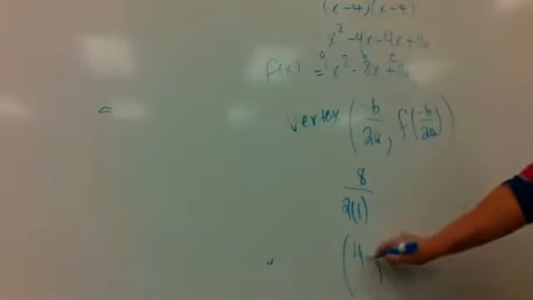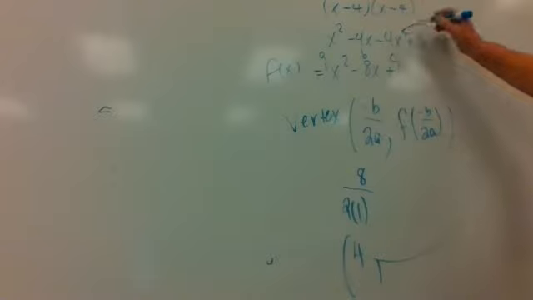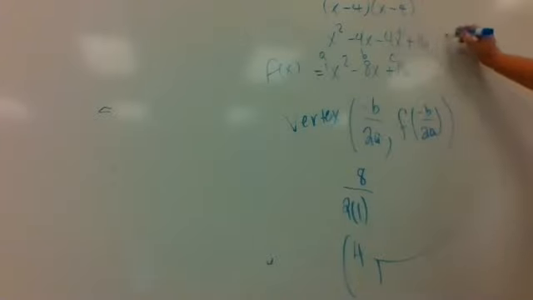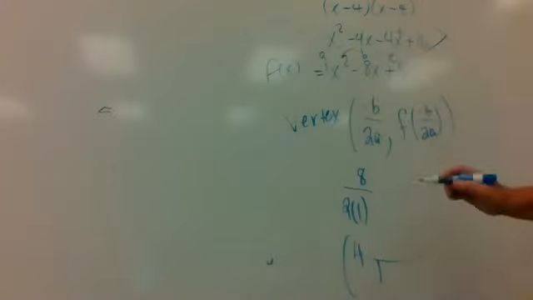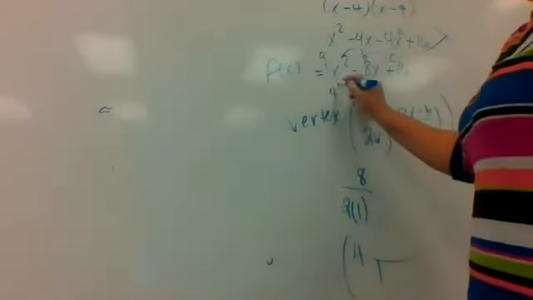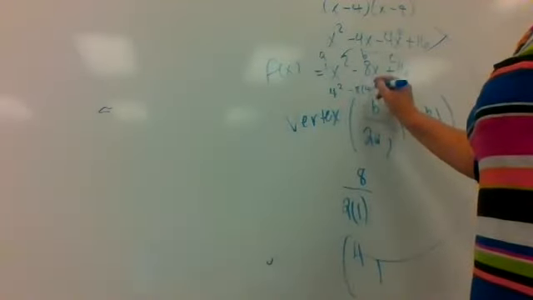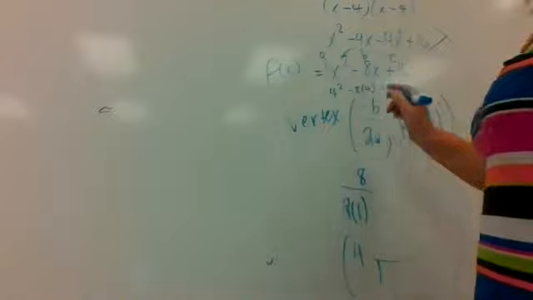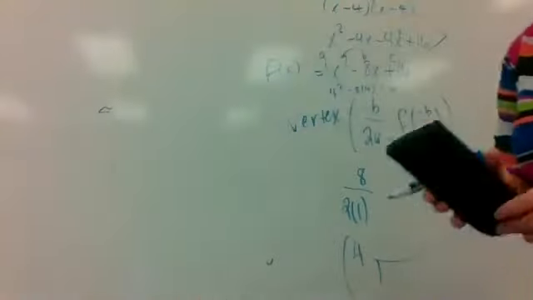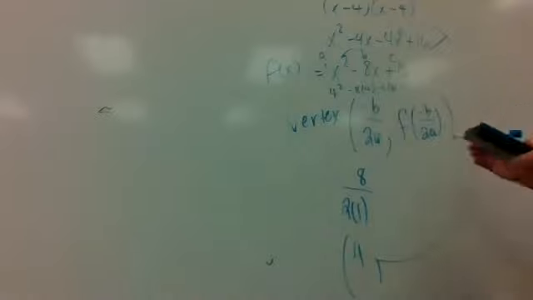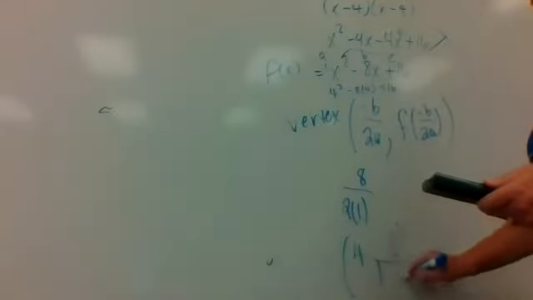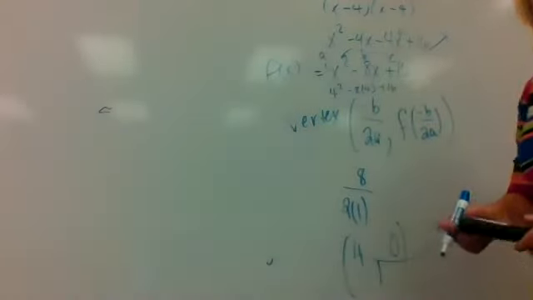Then you're going to plug that 4 into each x, so you would have 4 squared minus 8 times 4 plus 16. I don't want to make a mistake since we're recording. And what I get there is 0. So my vertex is (4, 0).